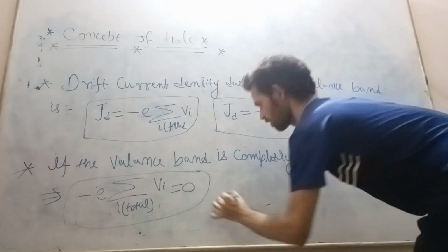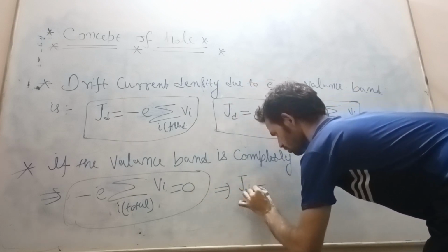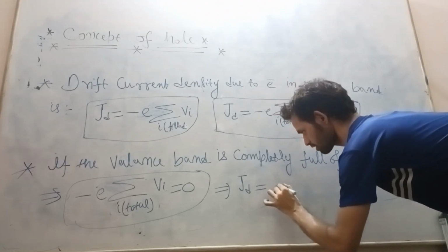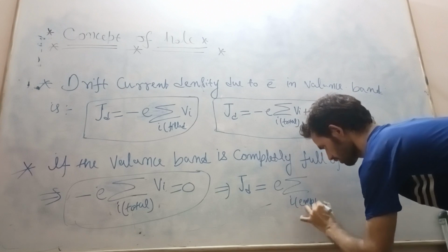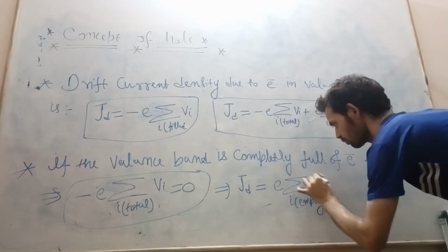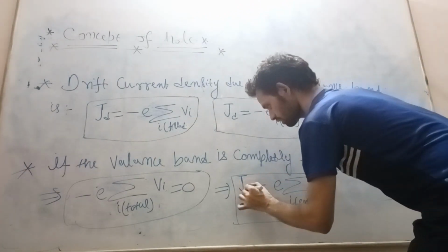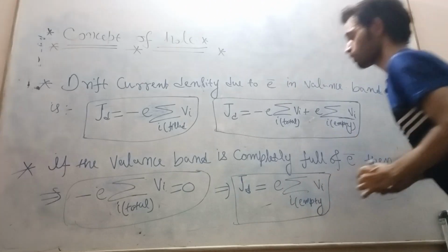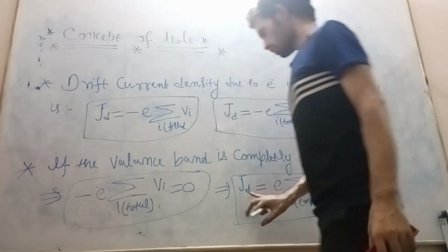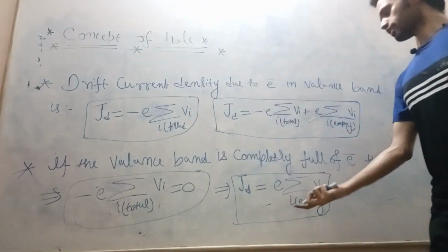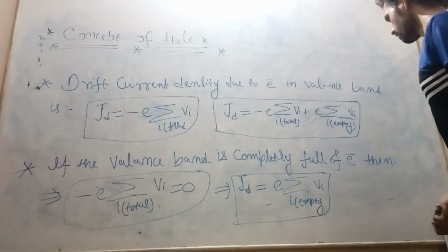This current will become zero, and this implies that we are left with the drift current density only due to hole. Hole has charge plus e, summation over i of v_i for empty states. So now we are left with this current, the drift current density due to hole. Now see here the indication of this current density. This drift current density is very important. What does it indicate? Let us see.